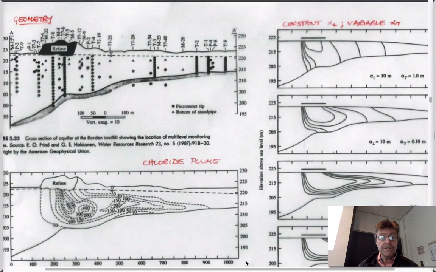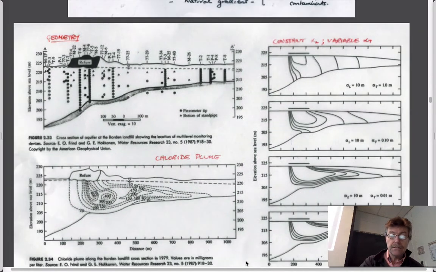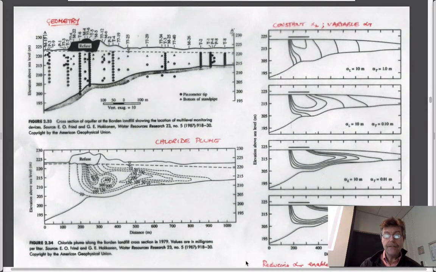And so the relevance of this, I suppose, is to understand behaviors in terms of what would evolve. So this happens to be a chloride plume. It's relative to a landfill, refuse pile, somewhere in southwestern Ontario, as it turns out. It's in Fetter's book.